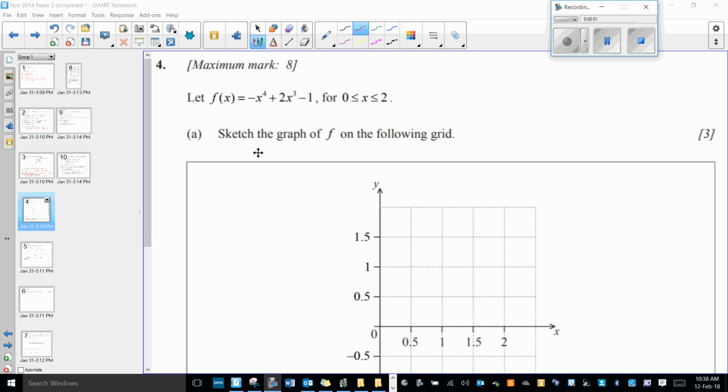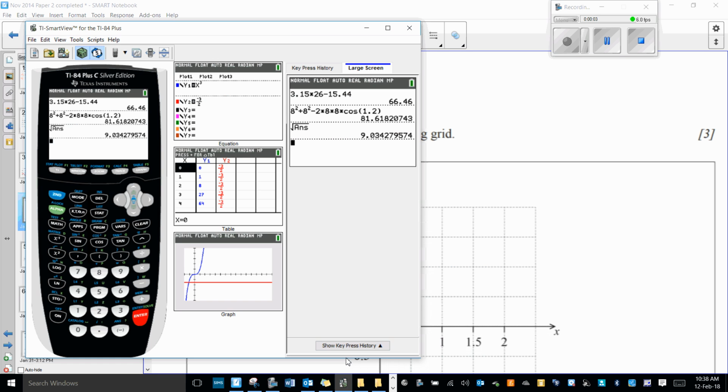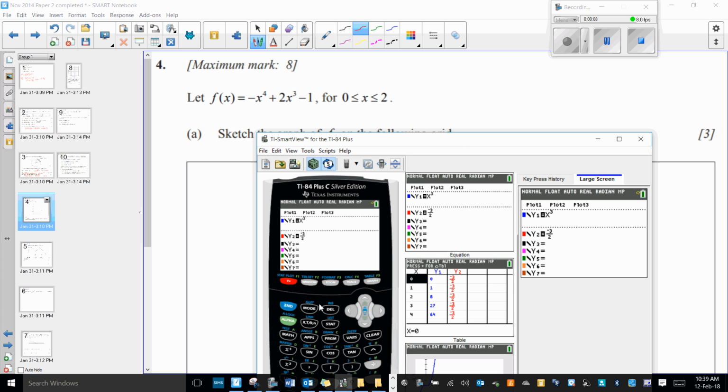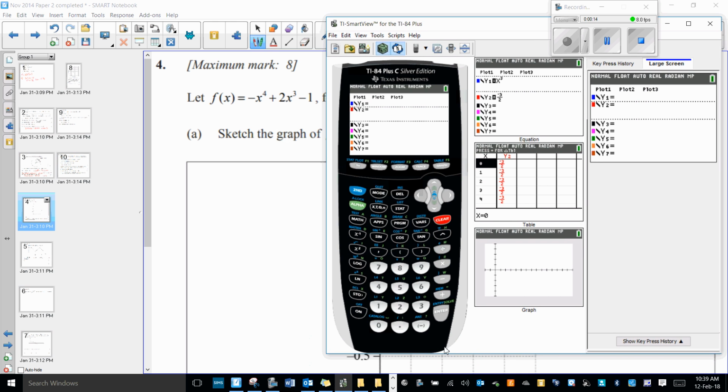Half, so we're going to use our calculators. X 4.